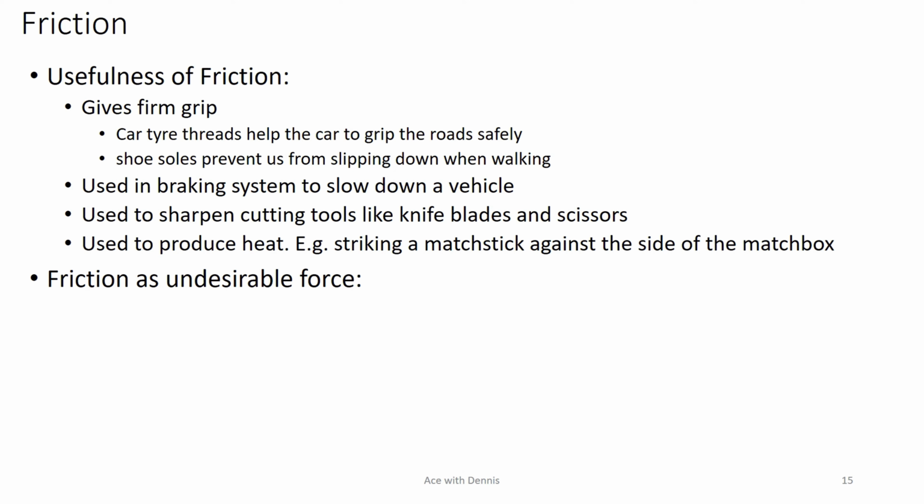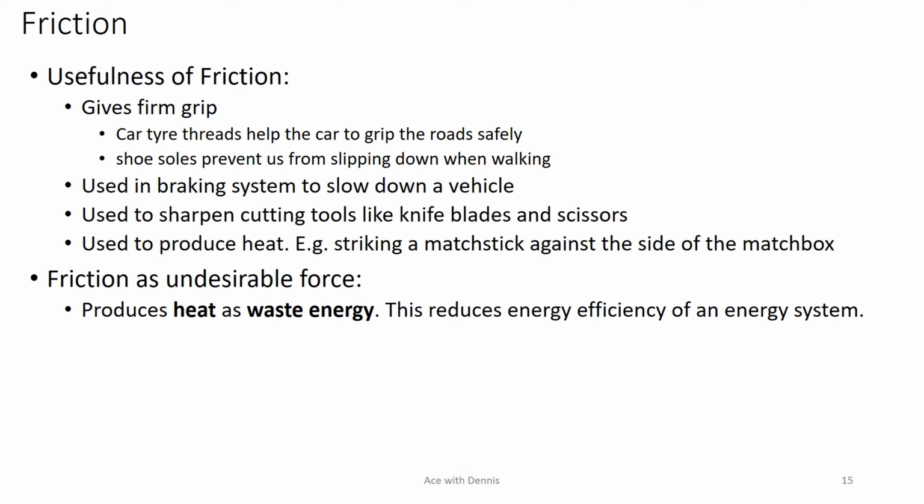However, friction can be undesirable where it produces heat and wastes energy. This reduces the energy efficiency of an energy system. It also can cause wear and tear of moving parts. There are a few ways to reduce friction.